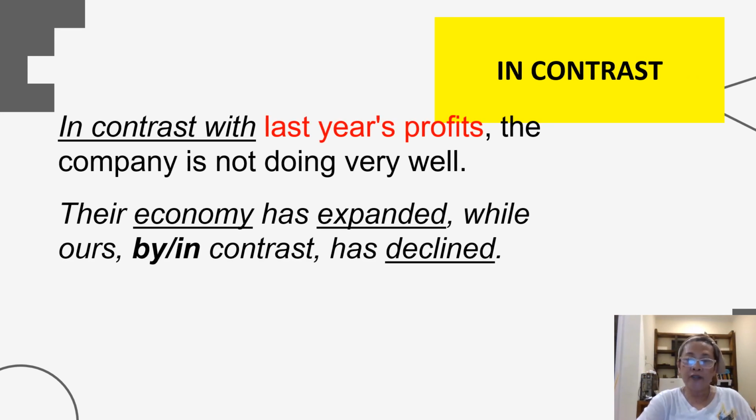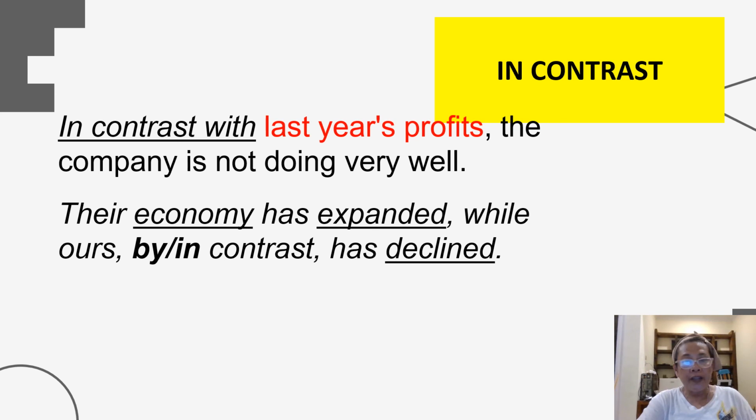The next, in contrast. Perhatikan in contrast with, in contrast, atau by contrast and in contrast ya. Perhatikan cara menggunakannya. In contrast with last year's profits, the company is not doing very well. Last year's profits adalah bentuk noun.